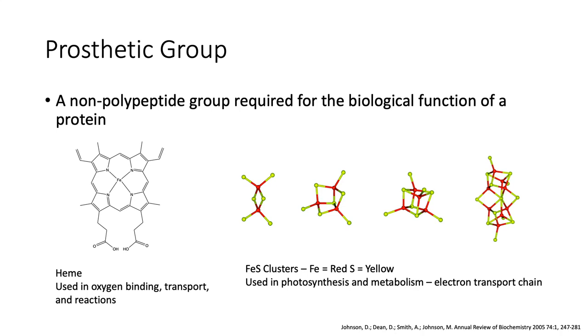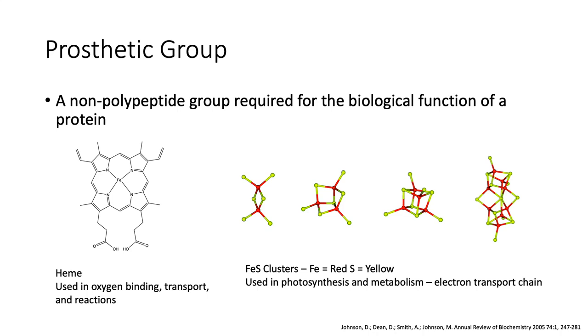You can have different numbers of irons and sulfurs bonded together, and these play key roles in photosynthesis and in metabolism. They're really good at electron transport, so in the electron transport chain in your cellular metabolism, or in photosynthesis when you have to transport electrons in order to make energy. That is where iron-sulfur clusters are typically found in nature.